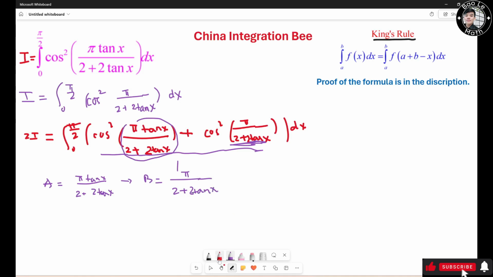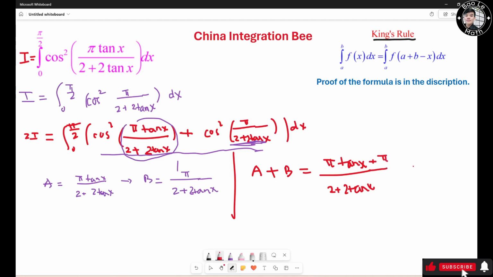Now I'm going to add a and b. So a plus b equals pi tangent x over 2 plus 2 tangent x. These have the same denominator, so I just add the numerators, adding pi over here.